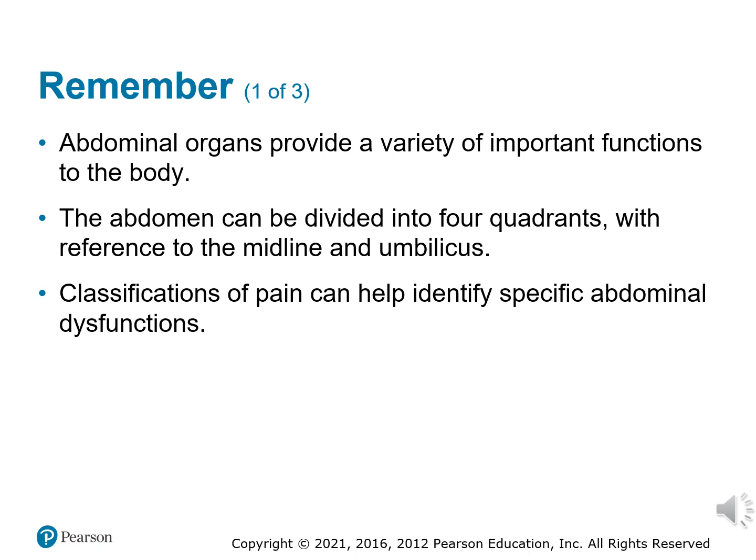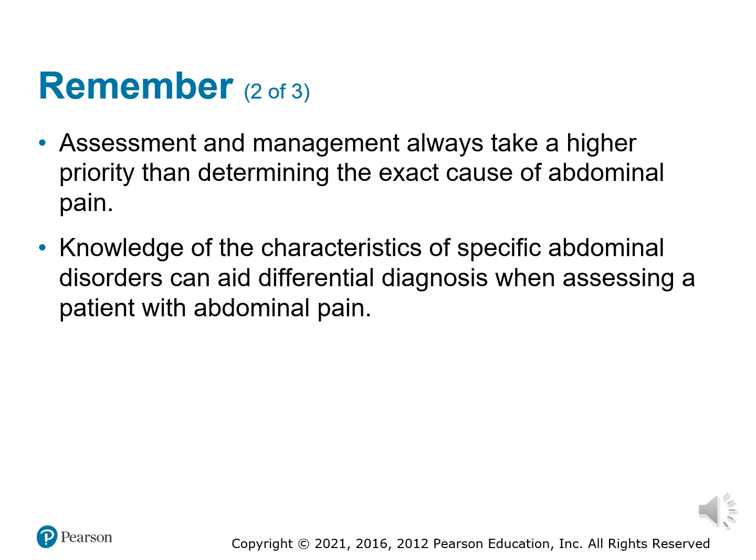Remember, abdominal organs provide a variety of important functions of the body. The abdomen can be divided into 4 quadrants with reference to the midline and the umbilicus. Classifications of pain can help identify specific abdominal dysfunctions. Remember, assessment and management always take a higher priority than determining the exact cause of abdominal pain.